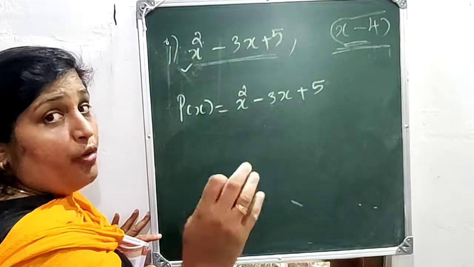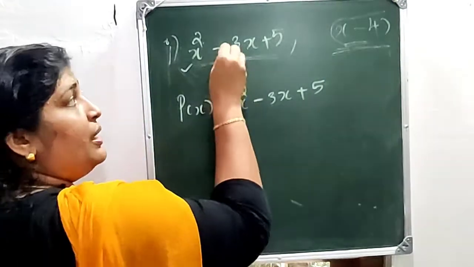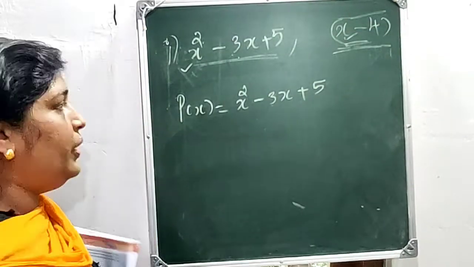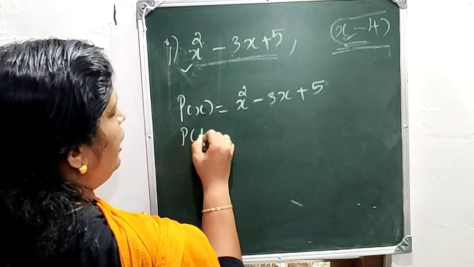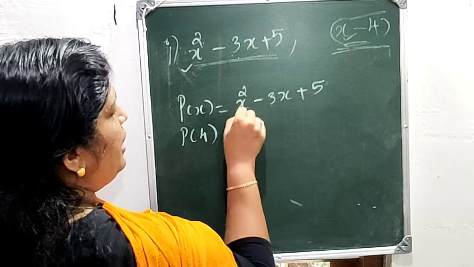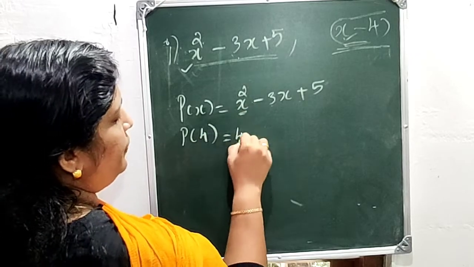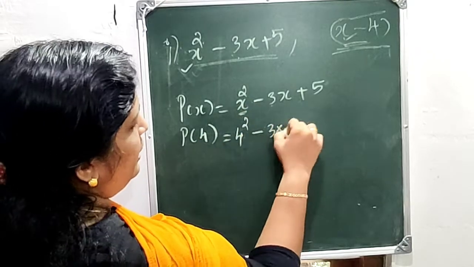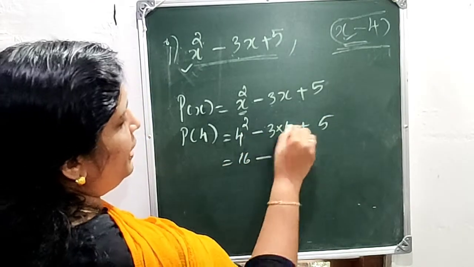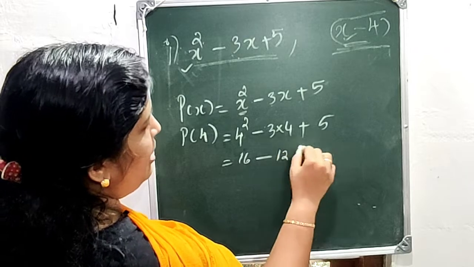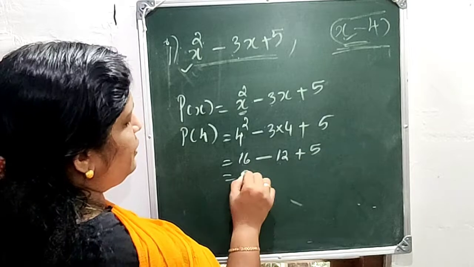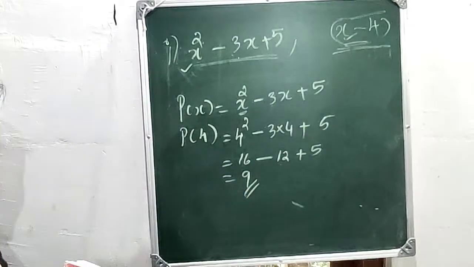So I am going to find out p of 4. P of 4, instead of x just substitute 4, that is 4 square minus 3 into 4 plus 5. 4 square is 16, minus 3 into 4 is 12, plus 5. 16 minus 12 is 4, and 4 plus 5 is equal to 9.